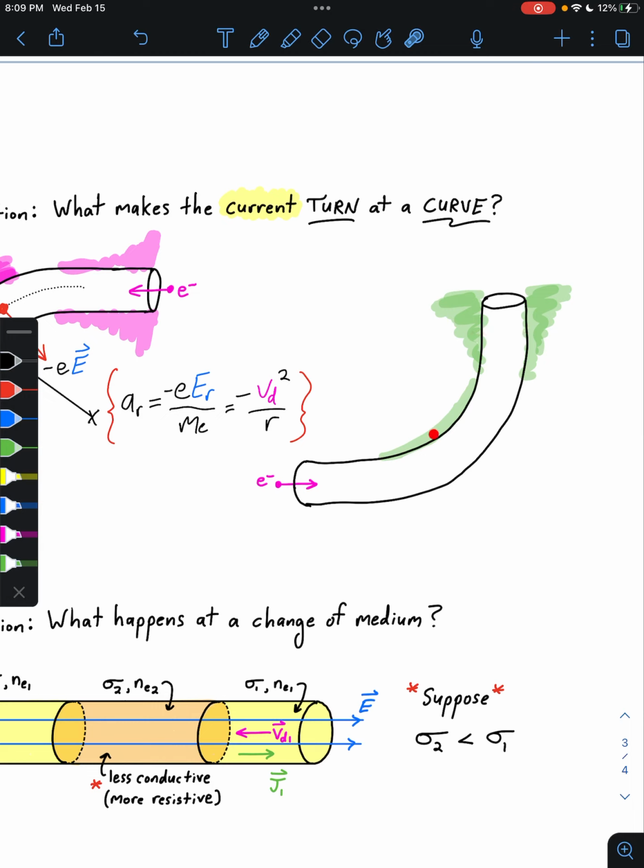So these surface charge layers are going to be pulling electrons towards them, pulling them up this way, leaving an excess of positive charge inside here.